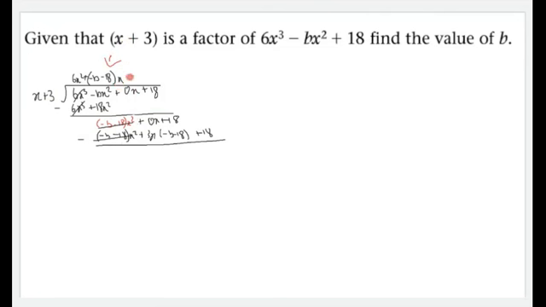The next step would be to multiply that by x on its own, rather than having the 3 as well. Does that make sense? You know how every time you get a new term, you multiply it by the divisor, which is your x plus 3, and then you get your answer down here. So that's what we're doing here as well.